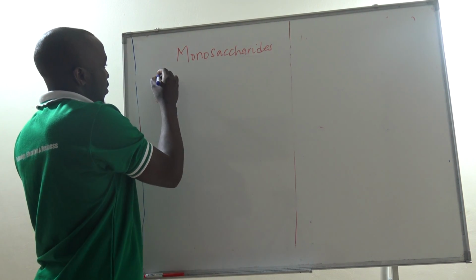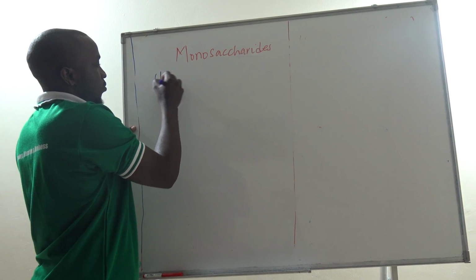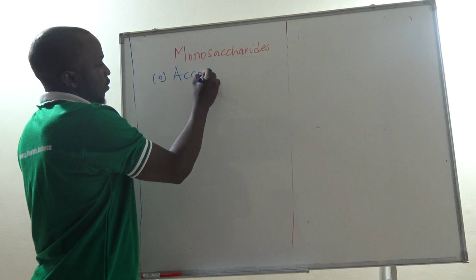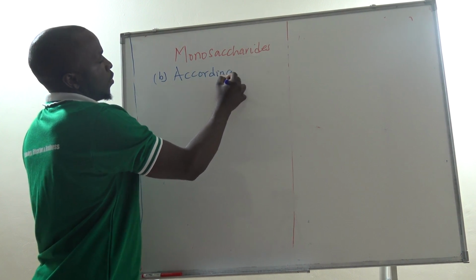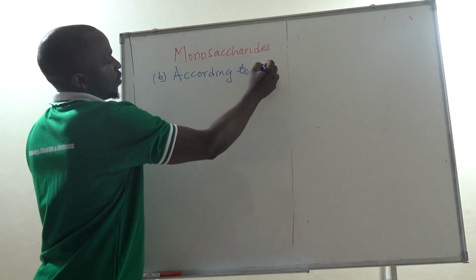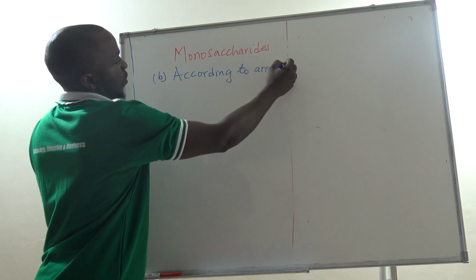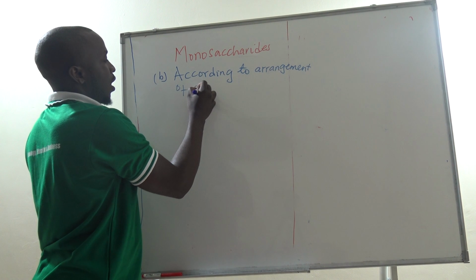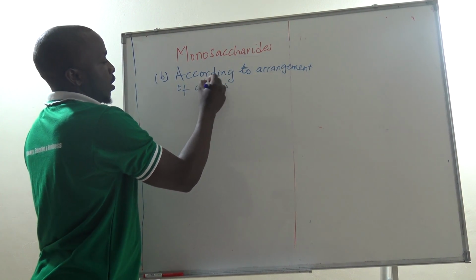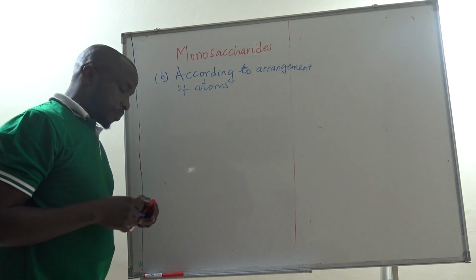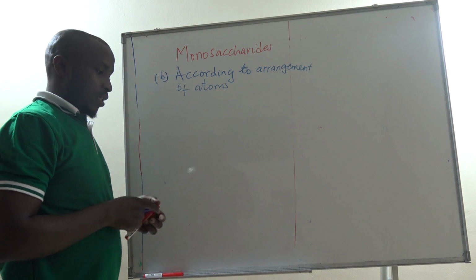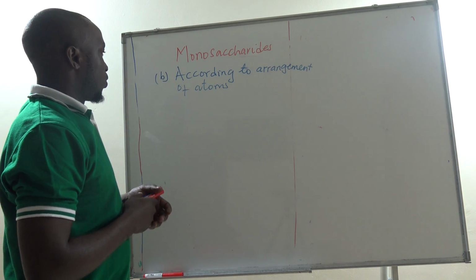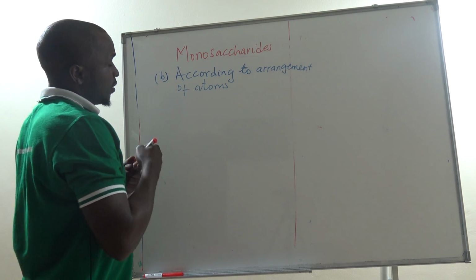Let's look in this session at category B, according to arrangement of atoms. How are atoms arranged?